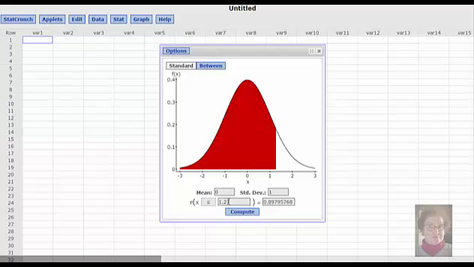That helps you understand what it means. I also would like to see you make a sketch like this as you go forward so that you understand the relationship between probability and area.